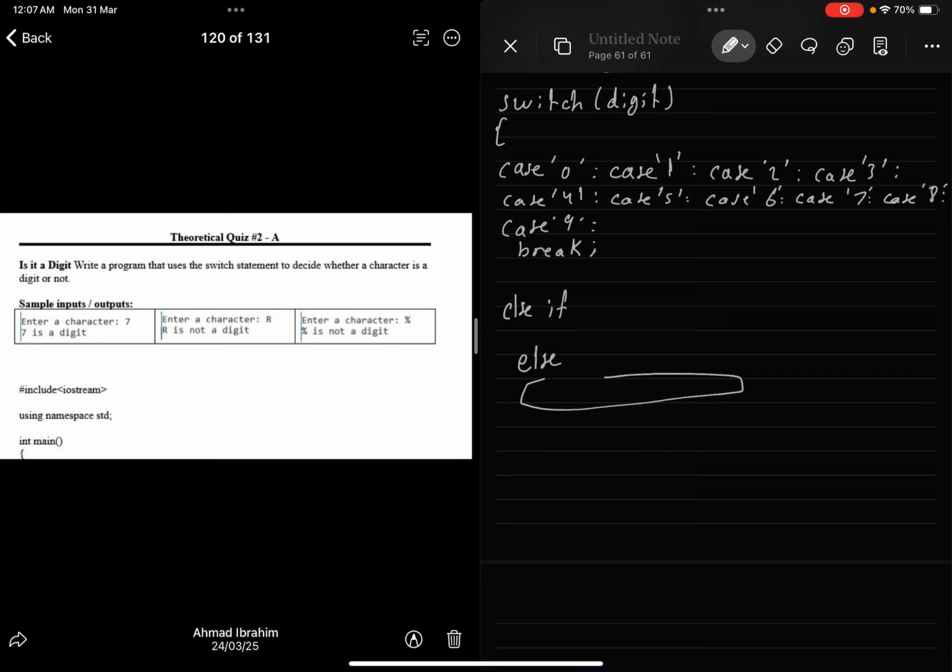So this is the last statement. Okay, for, let us say, default, we use it for switch because it is the same as else, but here we use default for switch, and here for if, while, and for.